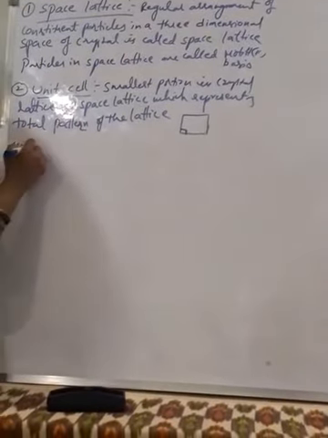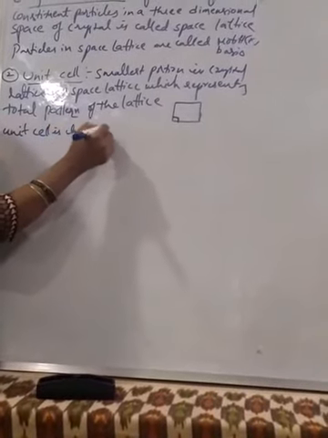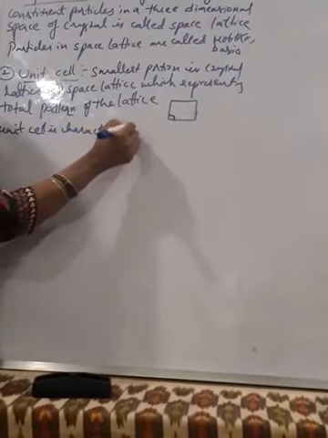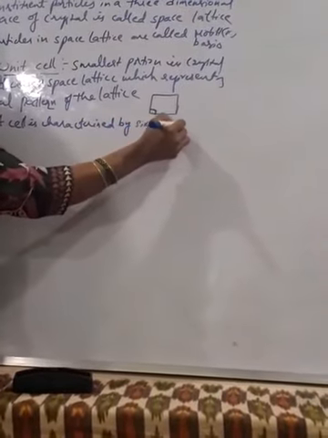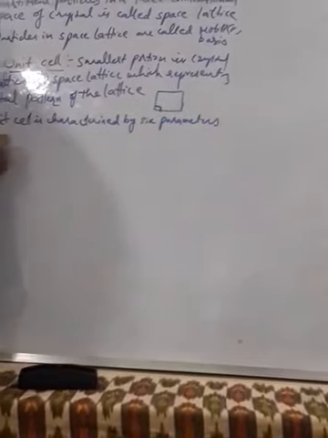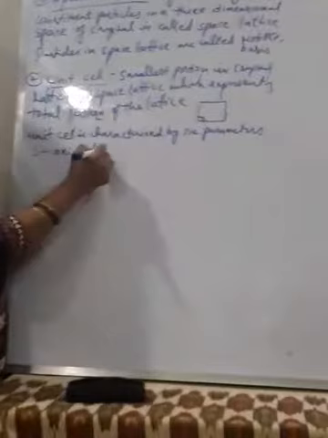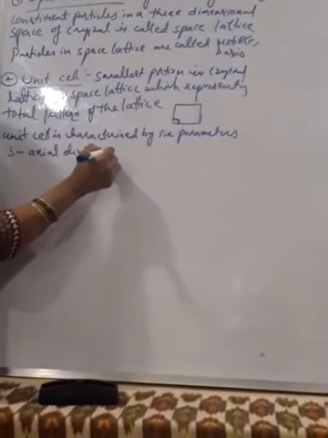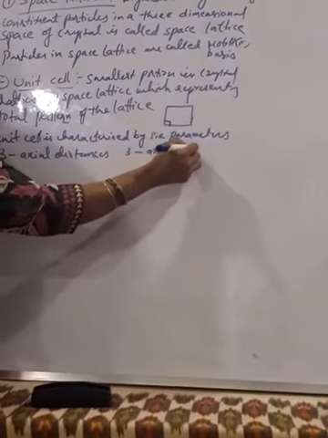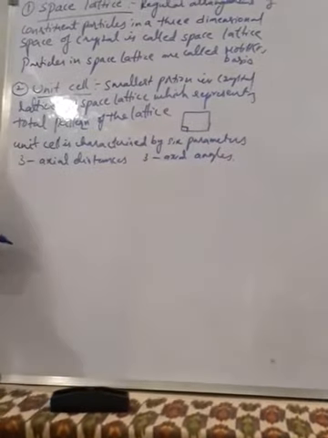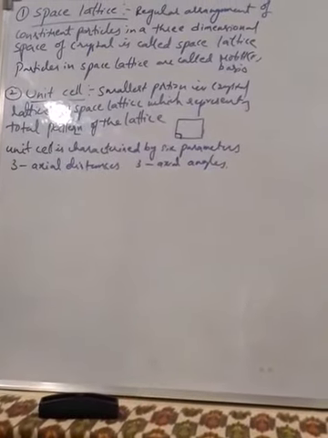So 3 axial distances and 3 are axial angles. Okay, axial distances and axial angles.